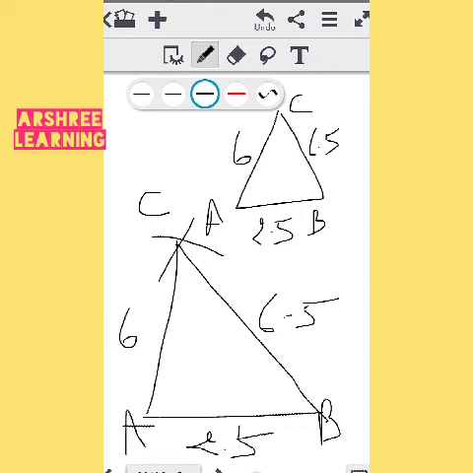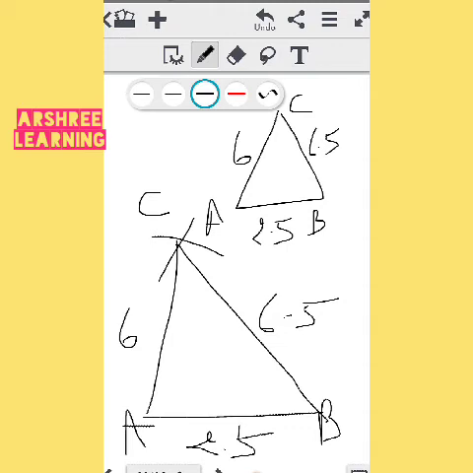So AB is made with the help of scale, ruler and pencil. CA is made with the help of compass. You will measure AC is equal to 6 centimeter, measure BC is equal to 6.5 centimeter. The two arcs will cut at point C and then you will join AC and BC.